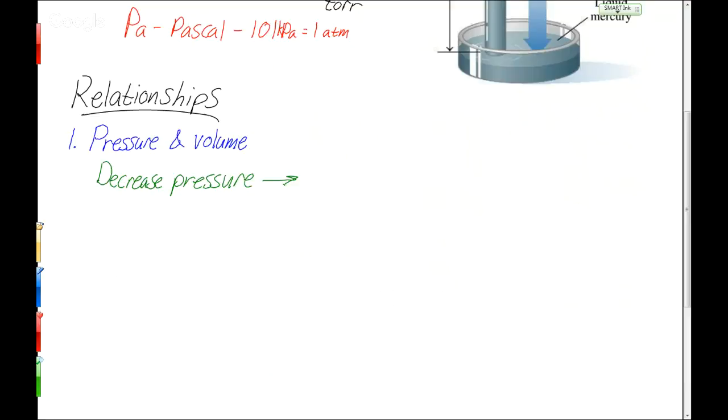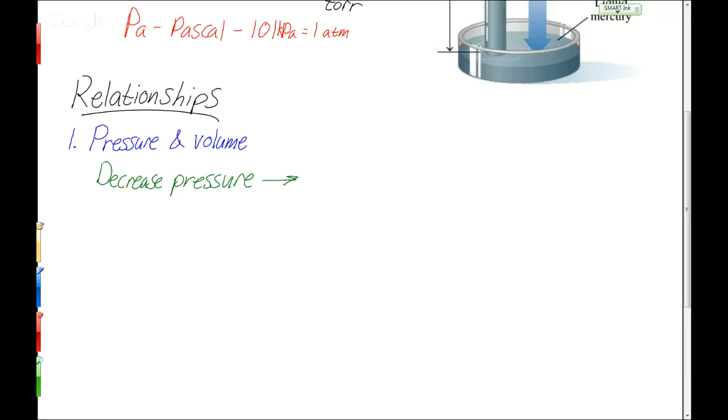Let's say you have a balloon. The balloon is filled with some gas, air. You blow up the balloon. And let's say you put that balloon in a room and you start taking the air away from the room. So you decrease the pressure of the room. Or let's say you take that balloon up to the top of a mountain.